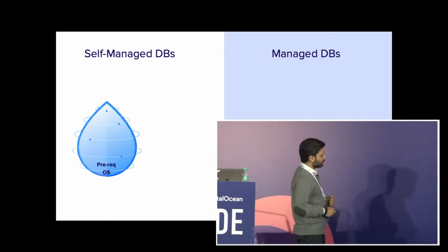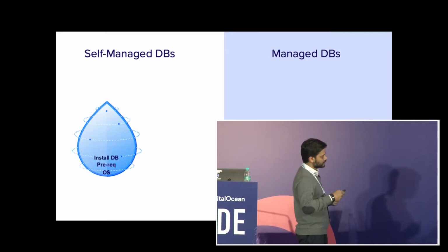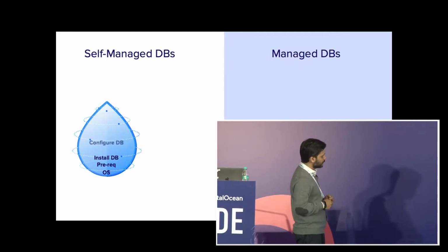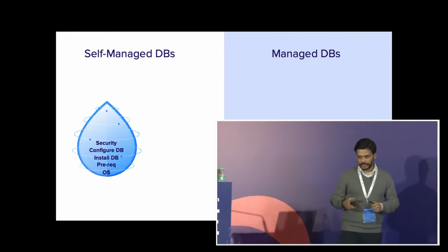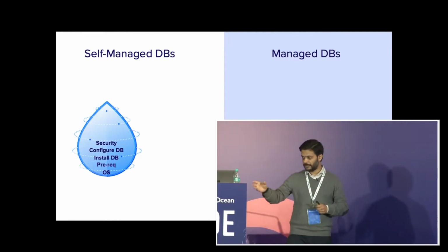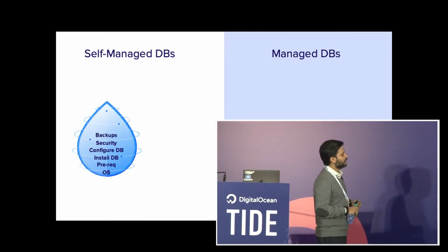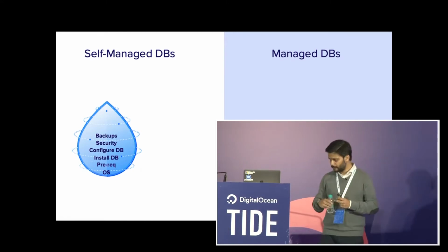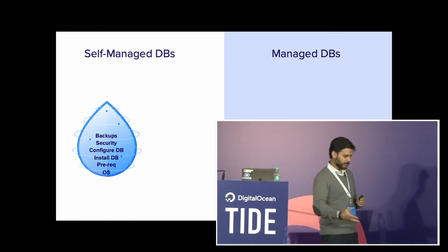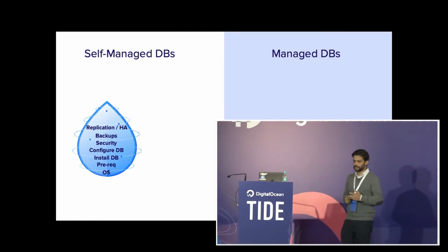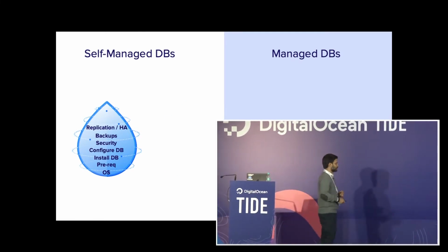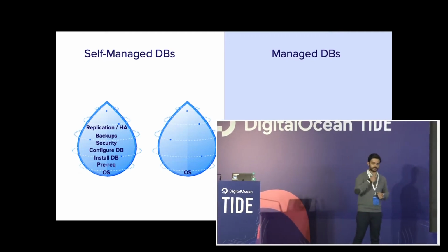So you can take a droplet, but you have to go through various stages of prerequisites, install the database, configure the database, right? Take care of security, very, very essential, right? Worry about backups. You don't want to lose the data that you are generating. And then the moment you say, okay, a single database machine is not enough for me, I want a cluster, you repeat the whole process again.